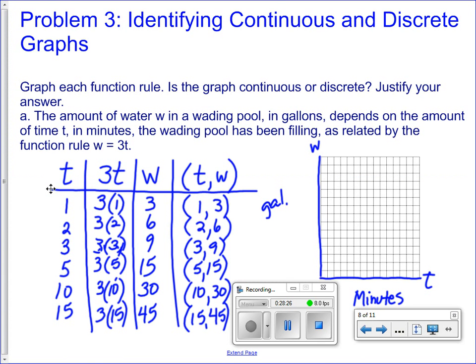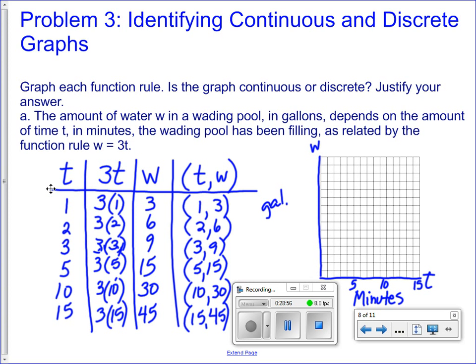Okay? Let's graph our points. I don't believe I have 15 squares on here. Let's see, 2, 4, 6, 8, 10, 12, 14. I have exactly 15. So along our bottom axis, each square will represent 1. So 1, 2, 3, 4, 5, 6, 7, 8, 9, 10, 11, 12, 13, 14, 15.